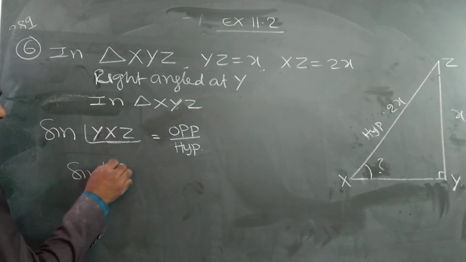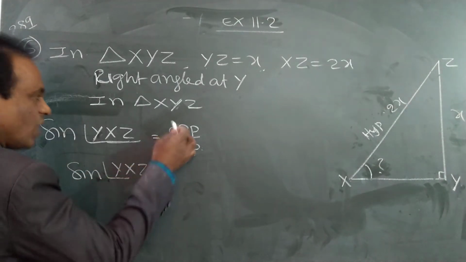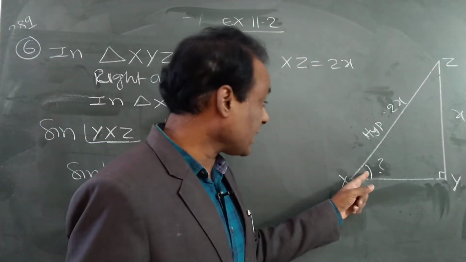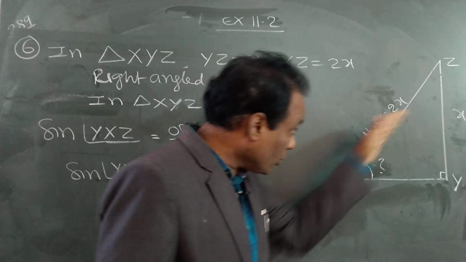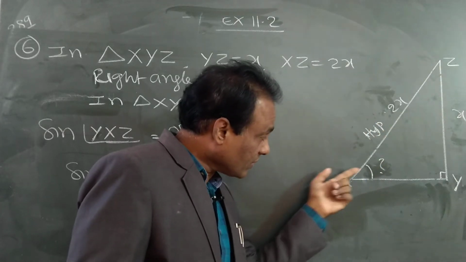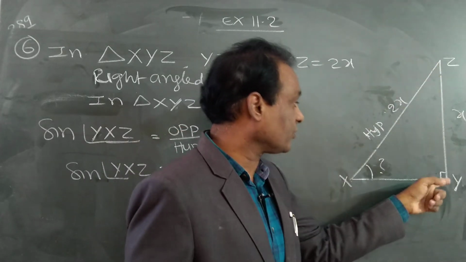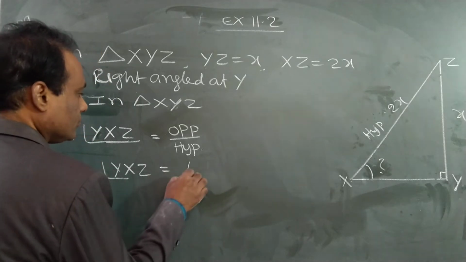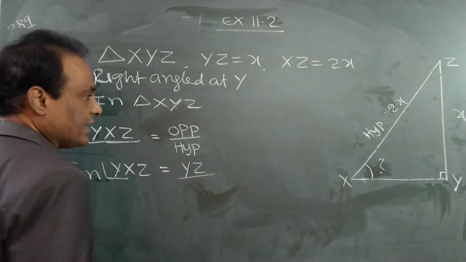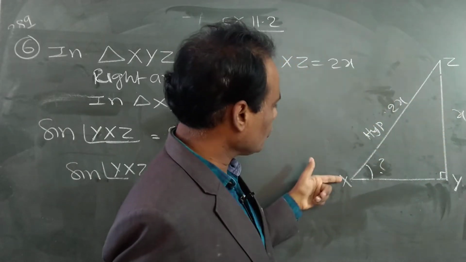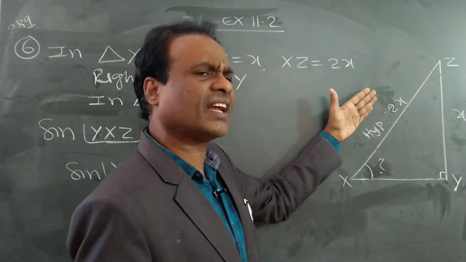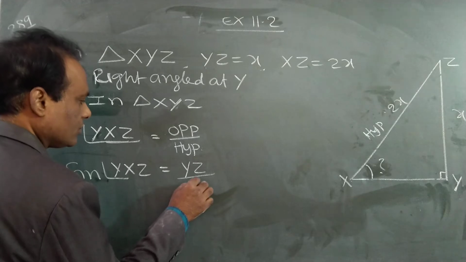Sine theta formula: opposite by hypotenuse. What is the opposite side? Because I am taking this angle, this will be the opposite. This is the angle, so this is its opposite side. What is the opposite side? YZ. Opposite by hypotenuse, no confusion. XZ, the biggest side, is always the hypotenuse.